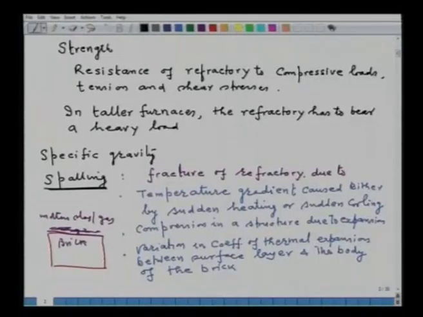What I mean is, these are the three reasons, or any reason which induces thermal stresses or stresses of some kind, maybe due to thermal expansion, maybe due to the temperature gradient or compressive stresses, any stress which is introduced in the brick, that may cause the spoiling of the brick.